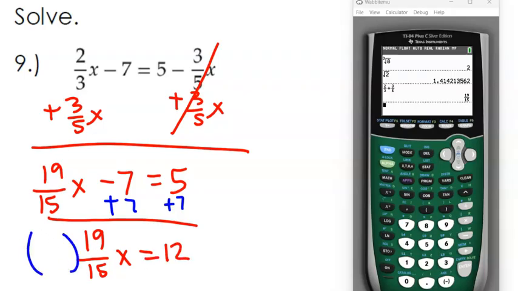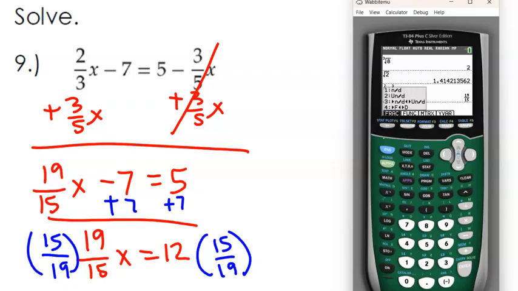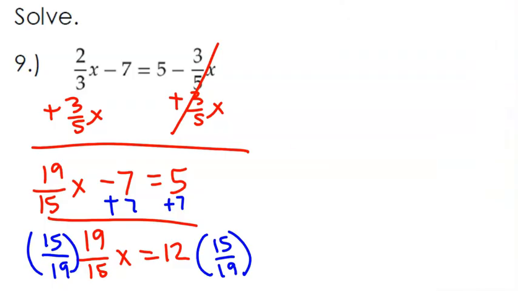And now I need to multiply by the reciprocal. 15/19 times 12 will give me 180/19.